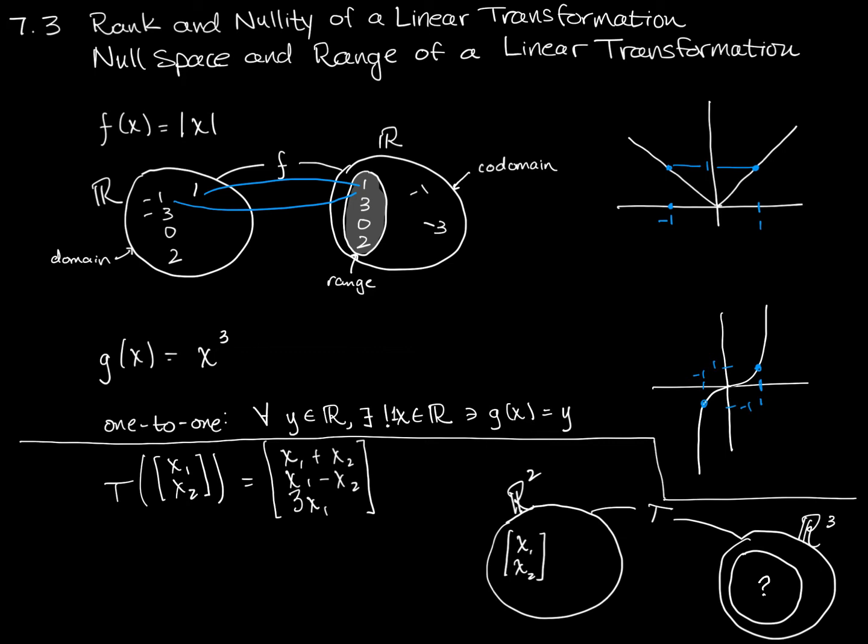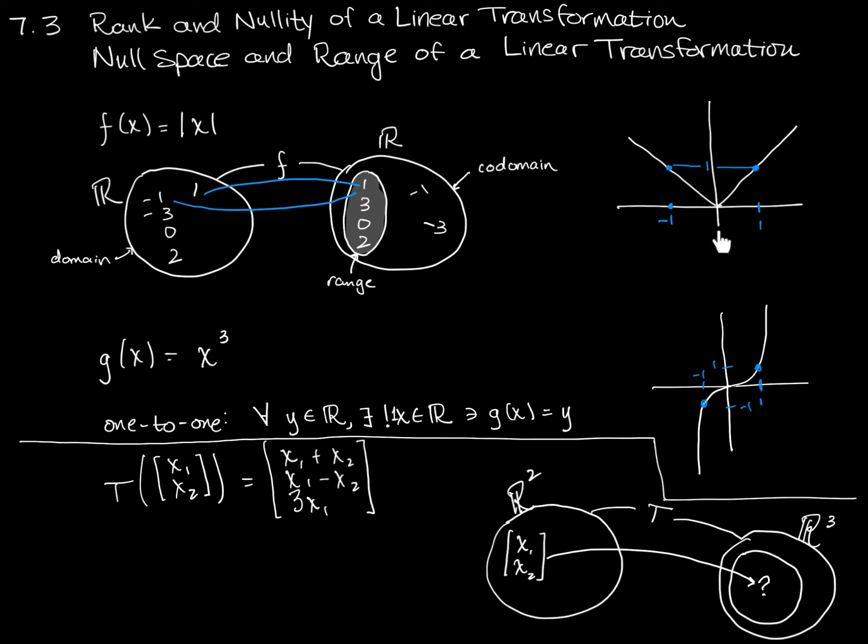Let's just say that this vector here maps to whatever this is right here. The question is, this thing right here, can it be traced back to something else? Is there another way to get to this thing here than just this vector here? And if the answer to that is yes, then this is not a one-to-one transformation.